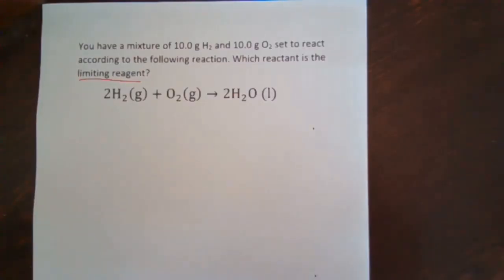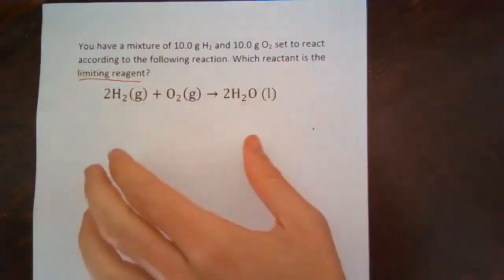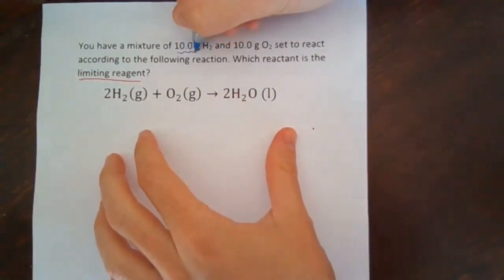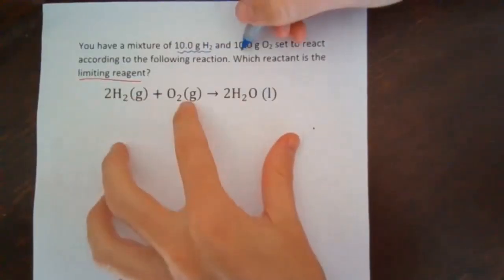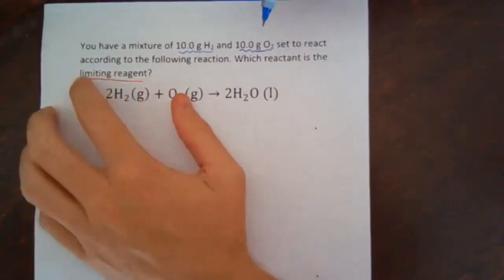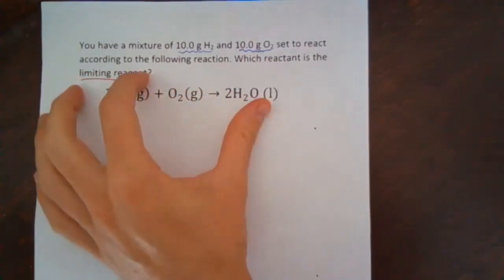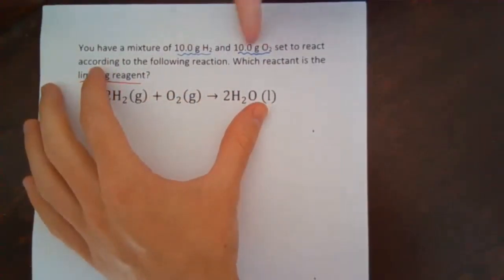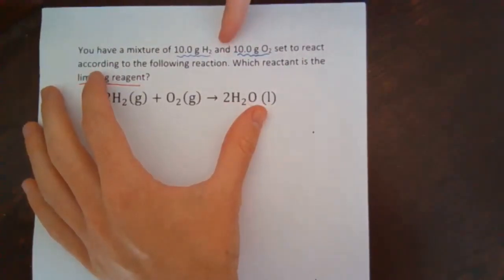Sometimes it won't be so apparent that you need limiting reagent. But one of the things we can see is that we are given a mass of one reactant and the mass of another reactant. In this problem, you're explicitly told to calculate limiting reagent. But whenever you are given the mass of two reactants, you have to figure out what the limiting reagent is.